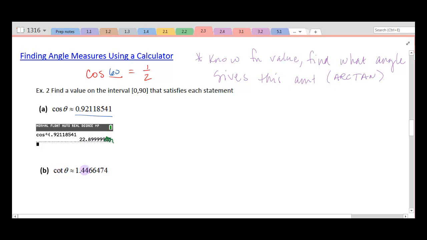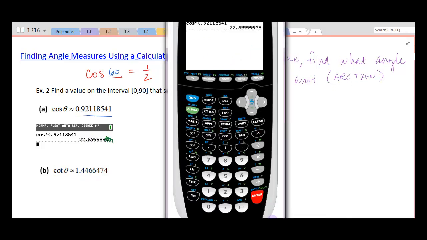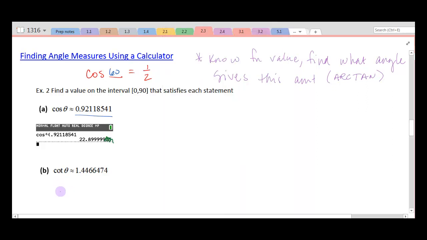Let's practice this again for cotangent. Remember, I don't have cotangent on my calculator, so I can't use an inverse cotangent. Instead, we go back to the idea that we know the reciprocal of cotangent is tangent.